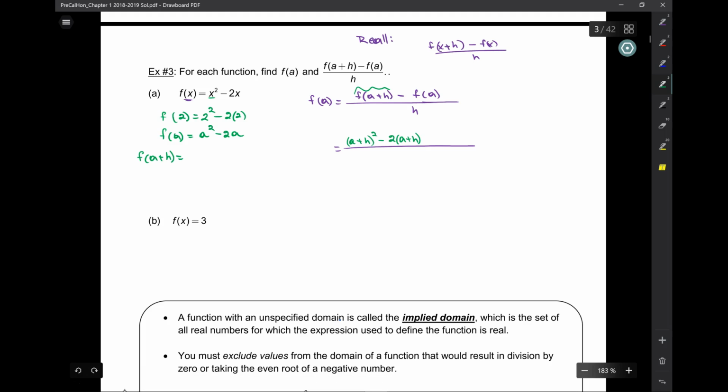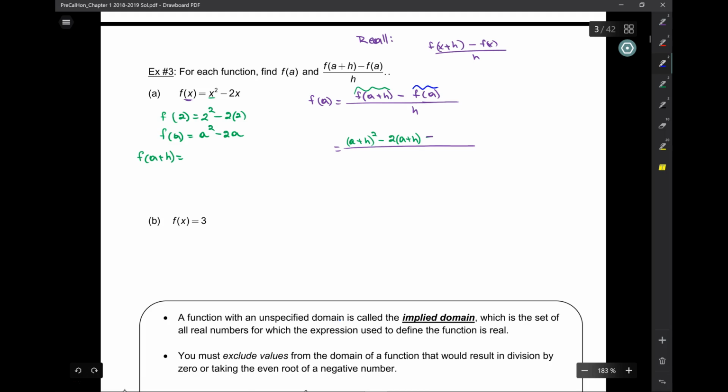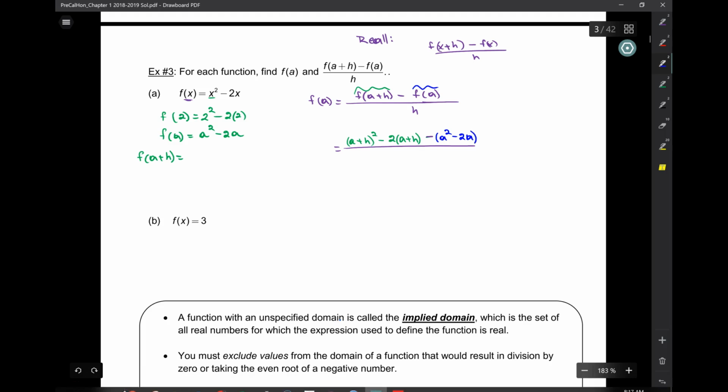Okay? So look, the skeleton of this, when I zoom out, I have x squared minus 2x. X squared minus 2x. Now, minus, I'm going to continue. I need f of a. What was f of a? A squared minus 2a. Notice the parentheses all over h.